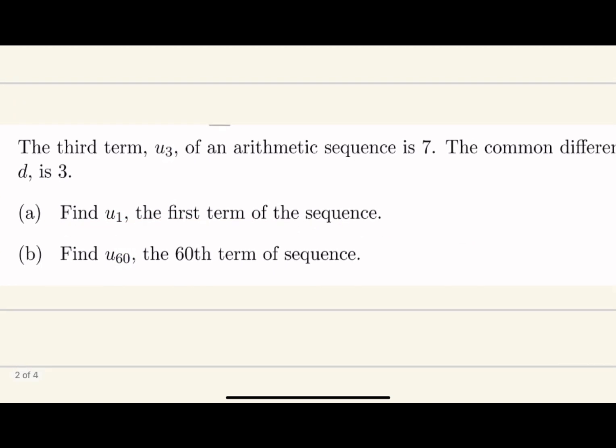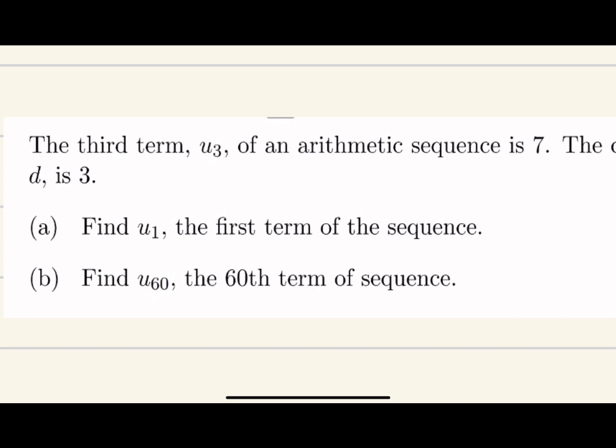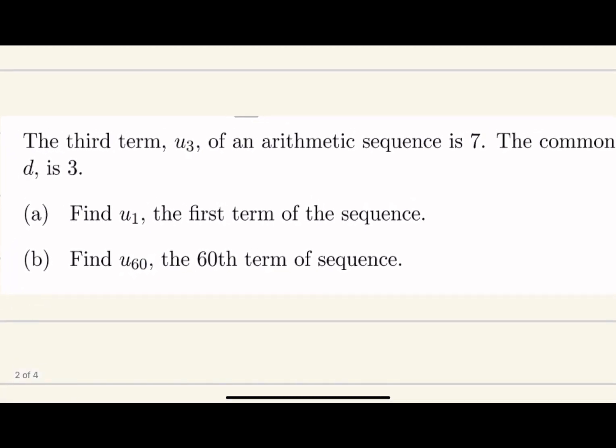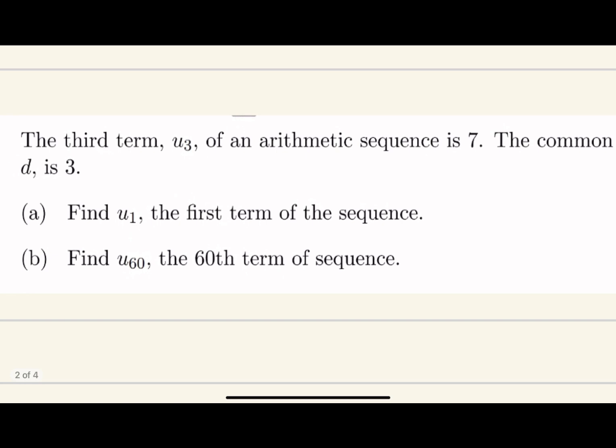When you see in a question that they give you U3, the third term, or the fifth term, or the 10th term, 100th term, 1,000th term, or like 583, those kinds of things, one approach is to rewrite that term in another form.